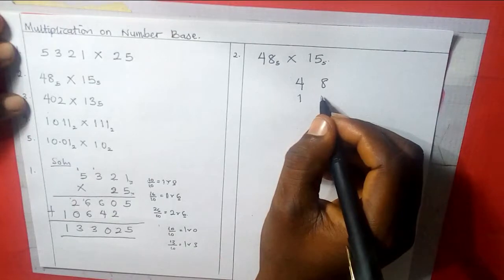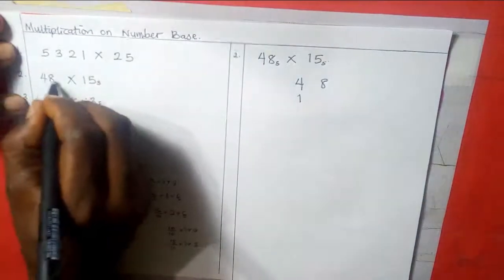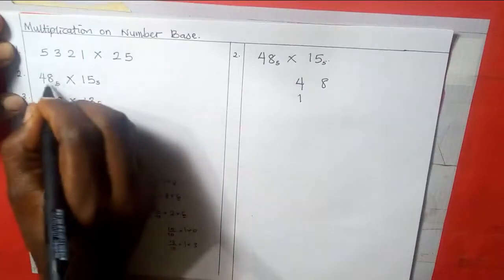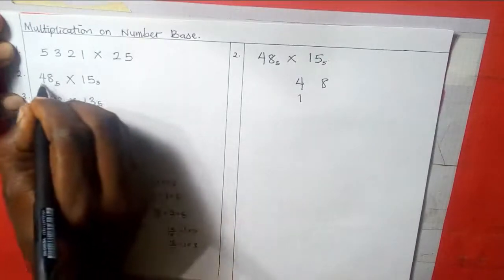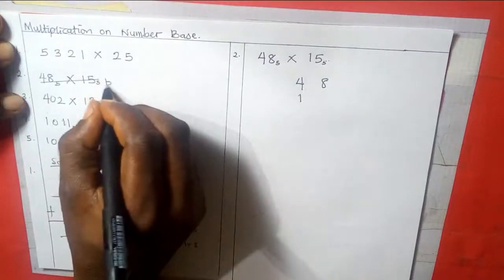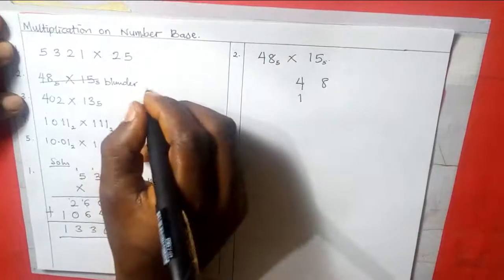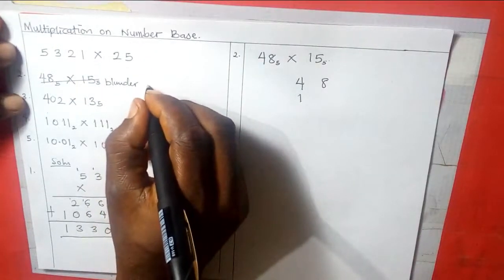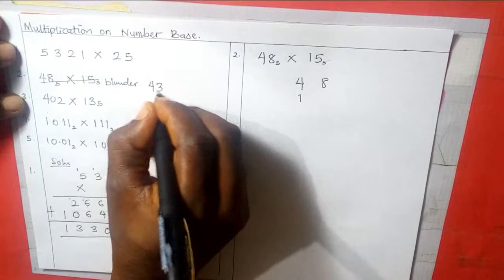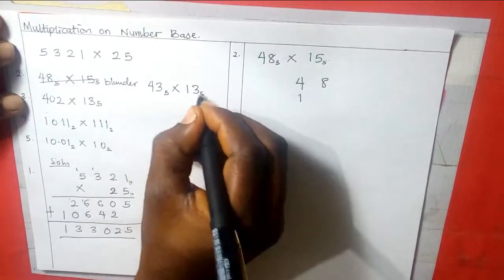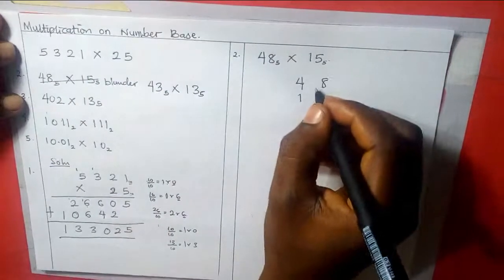Oh, this is not possible. This is a blunder. So this question is a blunder. So let's take 43 base 5 multiplied by 13 base 5.